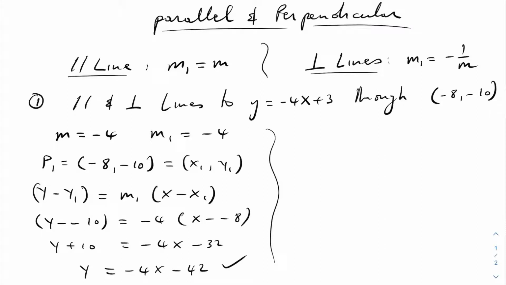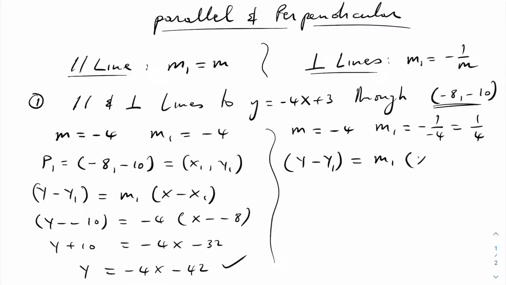And when it comes to the perpendicular line to y equals 4x plus 3, noting that the slope of your line is m equals 4, a new line which is perpendicular to it would have a slope m1 equals -1 over 4, which is -1/4. And so with that and the point P1 of coordinate (-8, -10), we're going to use the point-slope form to write this equation as y minus y1 equals m1 times (x minus x1).